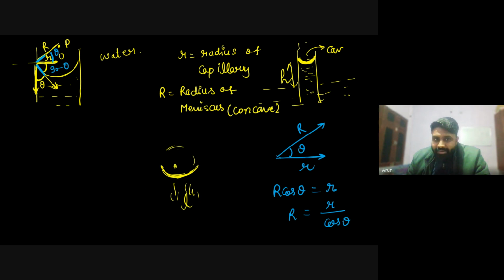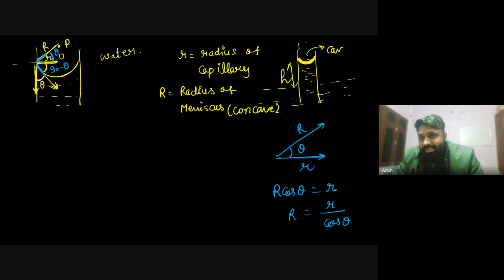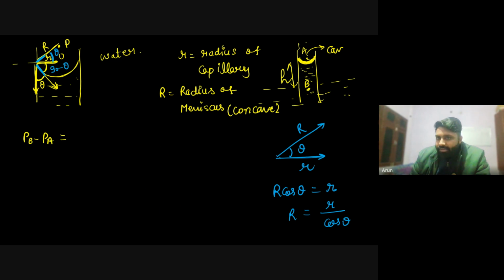So we can use the formula for excess pressure inside the liquid. Okay. So we will consider a point inside this, let's say this point is B, and just outside, we have considered a point A. So the pressure difference will be PB minus PA, and it is nothing but the excess pressure because it will behave as an air bubble.